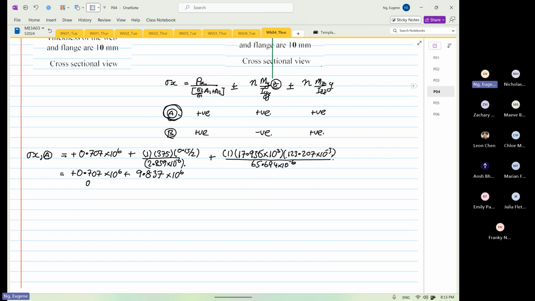If you got this correct, I give you 0.5 marks. If you got this correct, I can give you 0.5 marks. Then plus the last term, if you got it correct, I can give you 0.5. Are we clear? If you put all of them together into just one answer, I cannot give you part marks. 1 times the 17.936 power 3 times 123.207 power minus 3 divided by 65.694 power minus 6 is equal to 33.638.